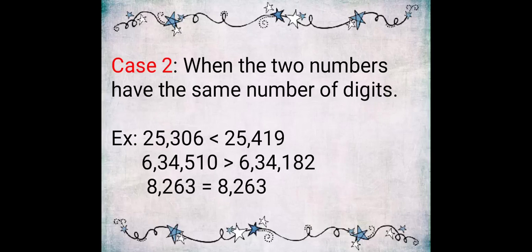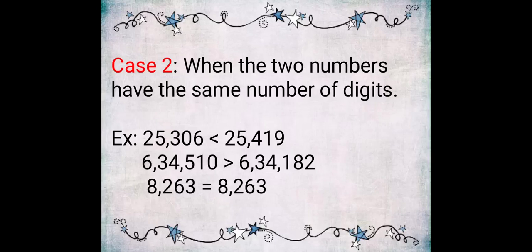Moving on to the third example. In my third example also, I have an equal number of digits. So, what will I do? Shall we compare? Comparing my thousands place, I have 8 in both the numbers. Comparing my hundreds place, I have 2 in both the numbers. Comparing my tens place, I have 6, the same numbers.